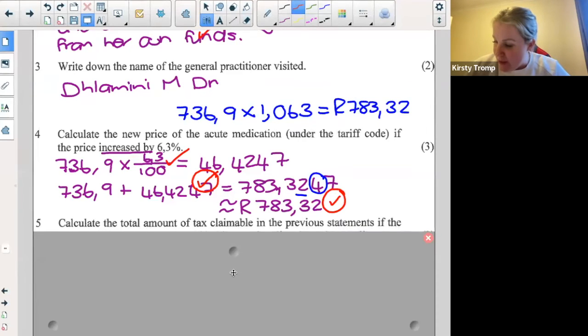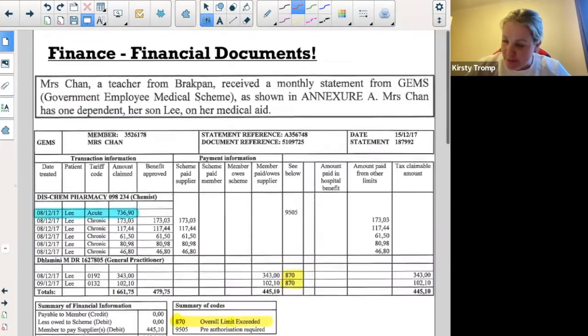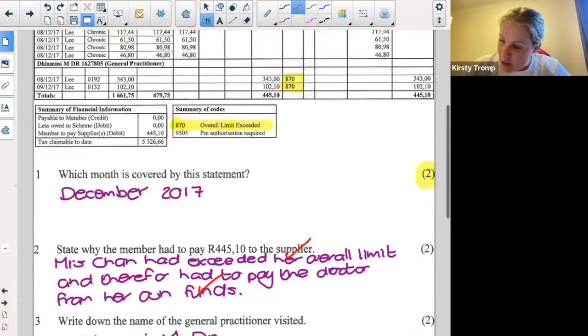Okay, next question, number 5. Calculate the total amount of tax claimable in the previous statements if the tax claimable is the amount paid by the member directly to the supplier. So, in other words, here was the tax claimable paid to date.